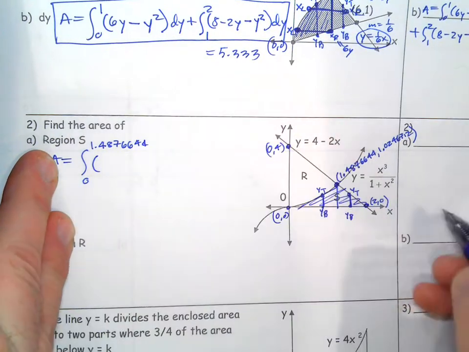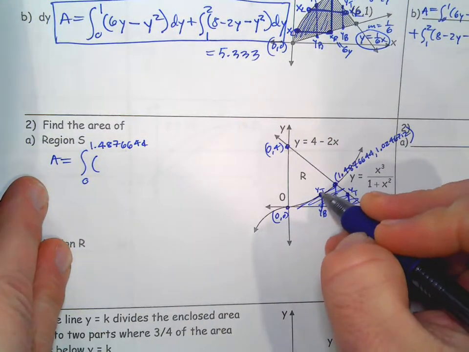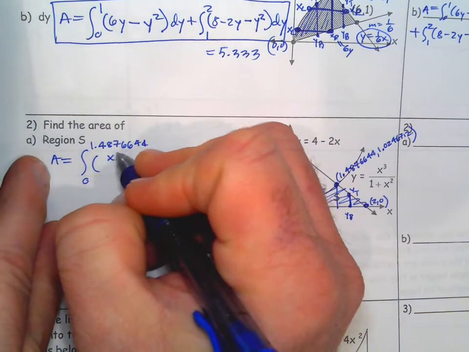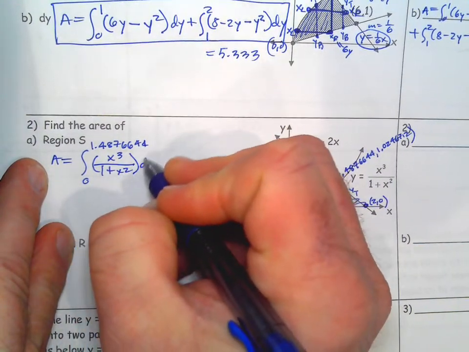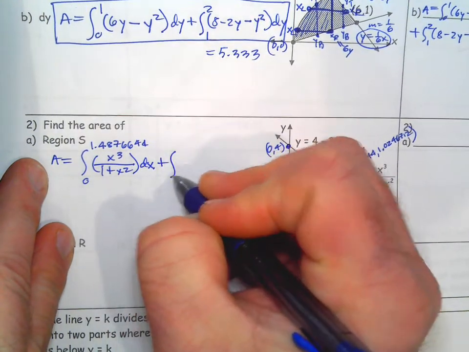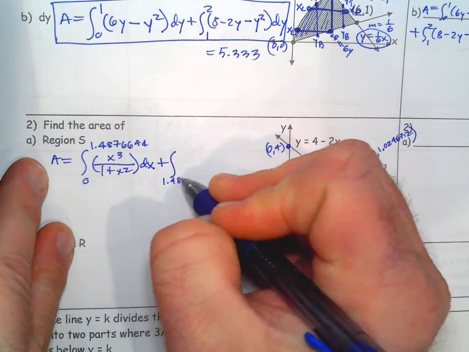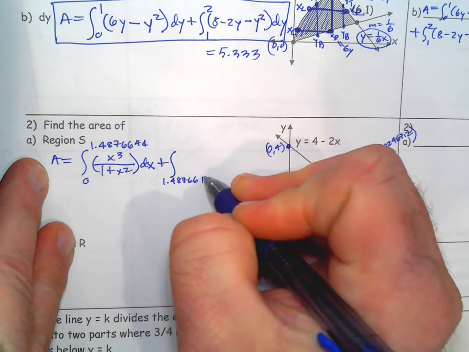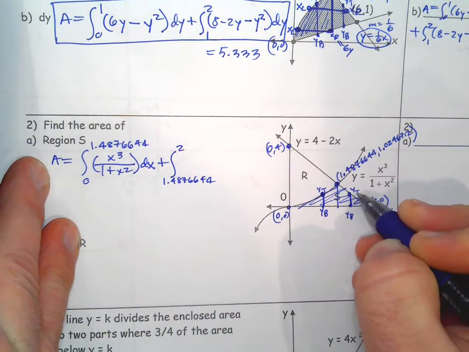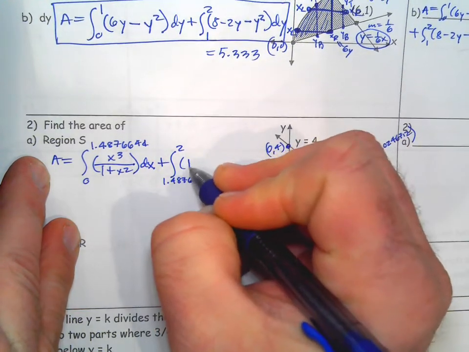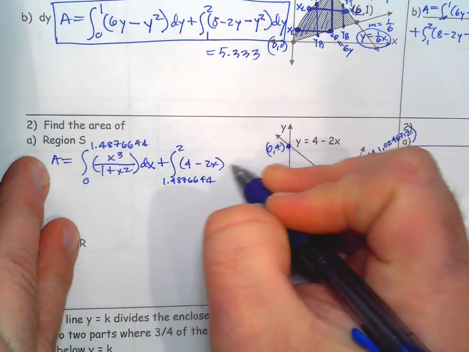And y top is just that curve right there, so it's just going to be x cubed over 1 plus x squared. And y bottom is 0. And then we're going to integrate from 1.4876644 to 2. And y top is just going to be that line, 4 minus 2x dx. So that's your setup.